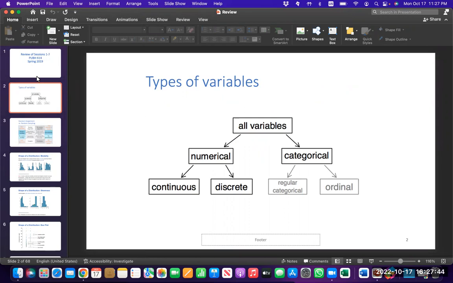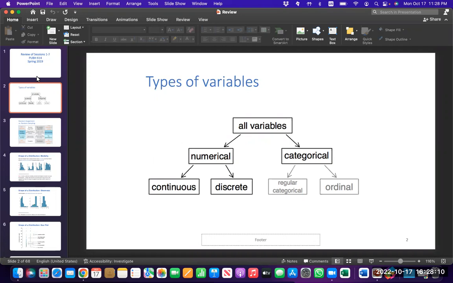As you can recall from lecture 1, we first talked about the different types of variables, where we separated variables into numerical and categorical variables. It is to be understood what the differences between numerical and categorical are, and the further substratifications of continuous and discrete.